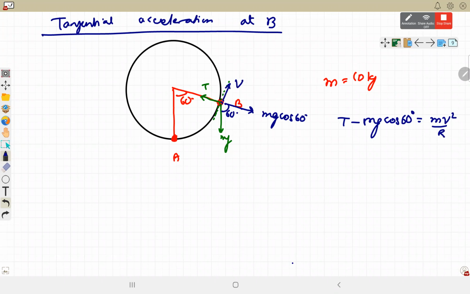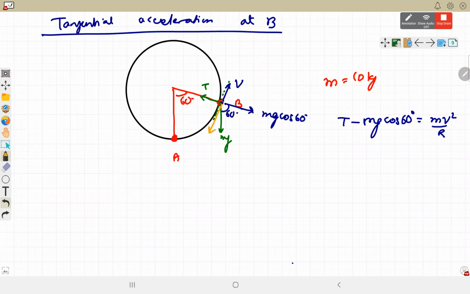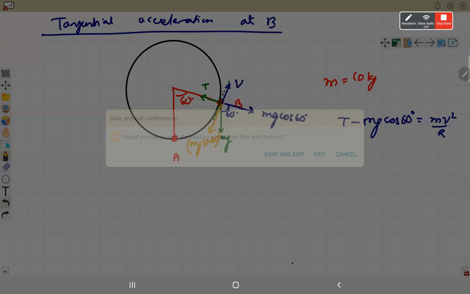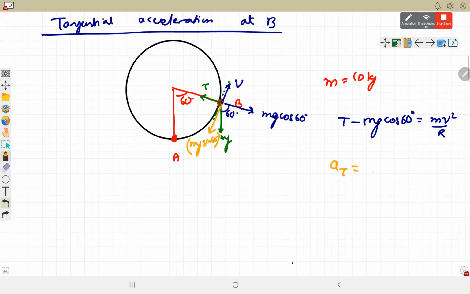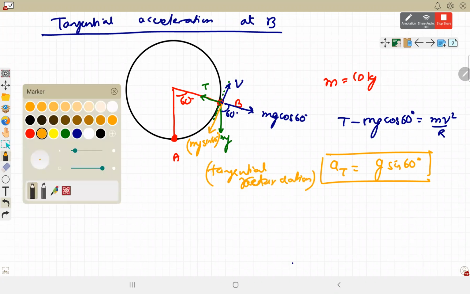And the other component of mg is mg sin 60. mg sin 60 is opposite to the tangential velocity. So tangential retardation is g sin 60. This is the acceleration which is opposite to the tangential velocity. So it is tangential retardation, and due to this only the speed keeps on slowing down.